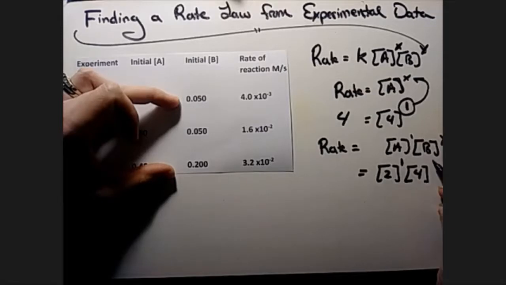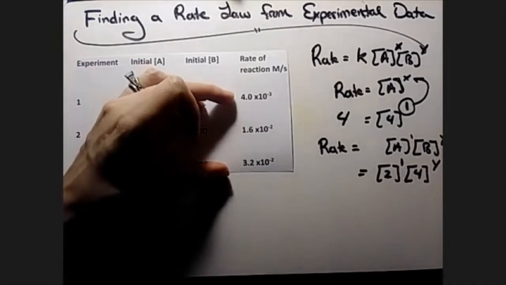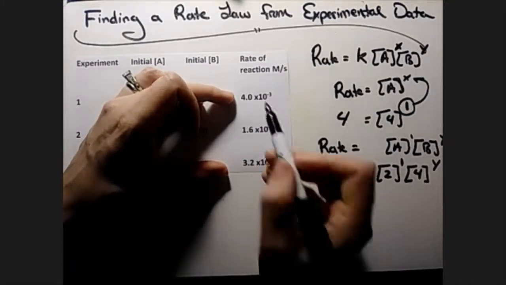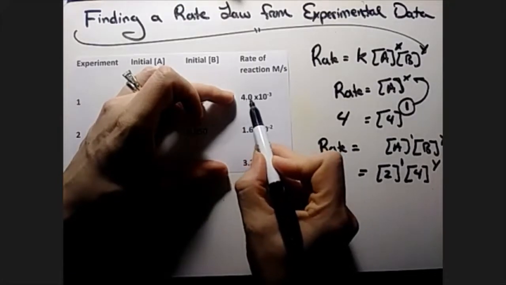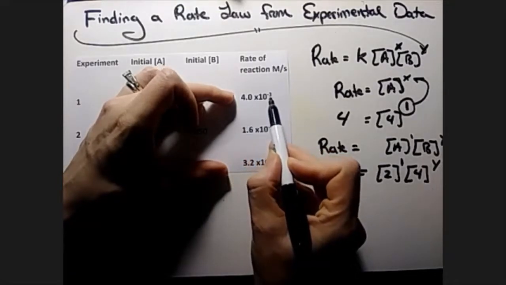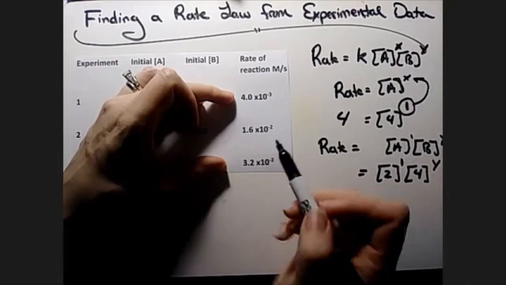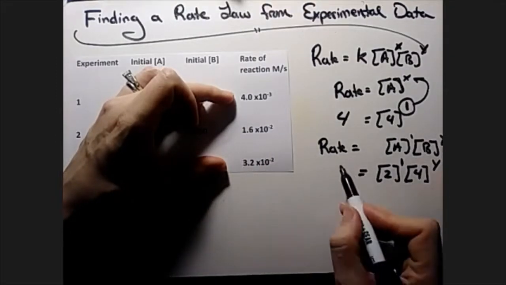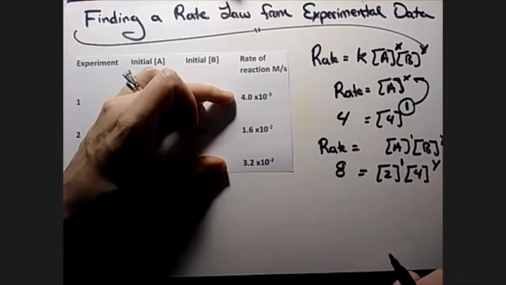Okay, I still don't know what this exponent is. And what happens to my overall rate of the reaction? Well, that goes up by a factor of 8. If you actually throw into the calculator 4.0 times 10 to the negative third, and you multiply that times 8, you will get 3.2 times 10 to the negative second. So my rate's going up by a factor of 8.